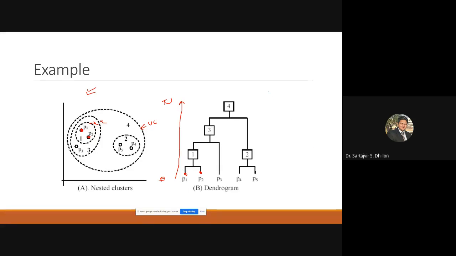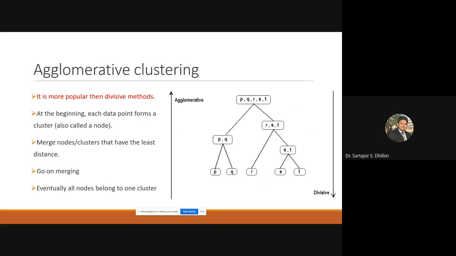First we make clusters of these points, then we make this cluster and this type of cluster, then this cluster and this cluster. That point of view is generally referred to as the bottom-to-up approach, which is agglomerative.